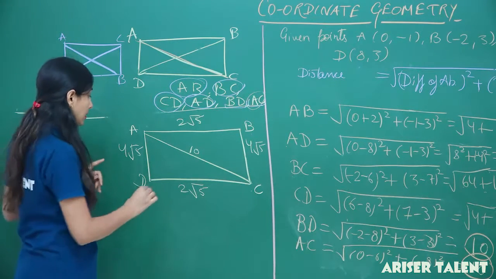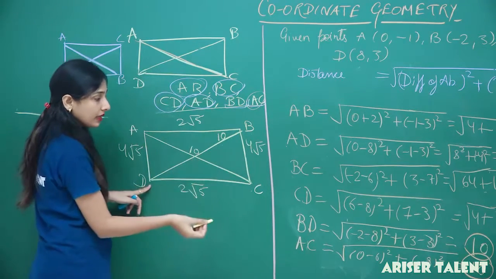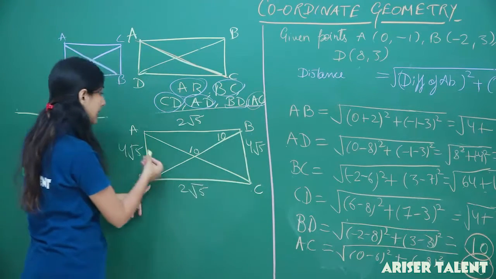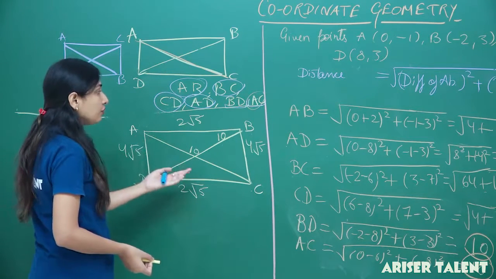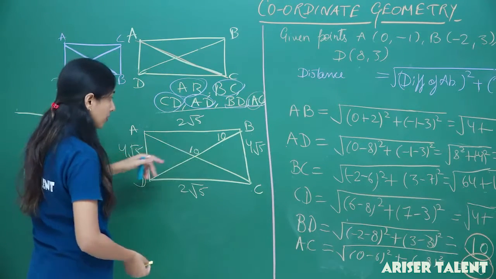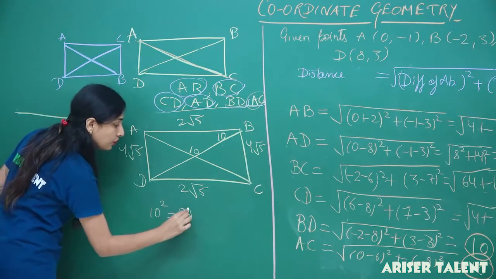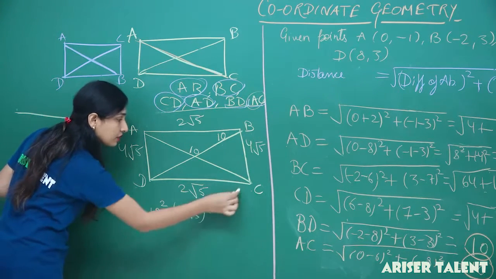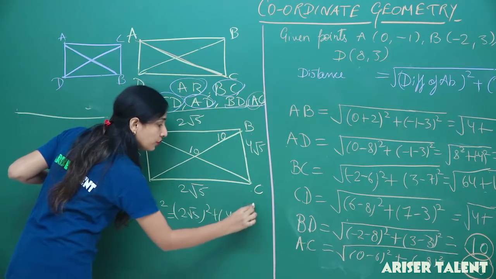Now, what is the remaining thing? DB equals 10, and AC also equals 10. Now we have to check whether this is correct or not. 10 squared should be equal to 2 root 5 squared plus 4 root 5 squared.